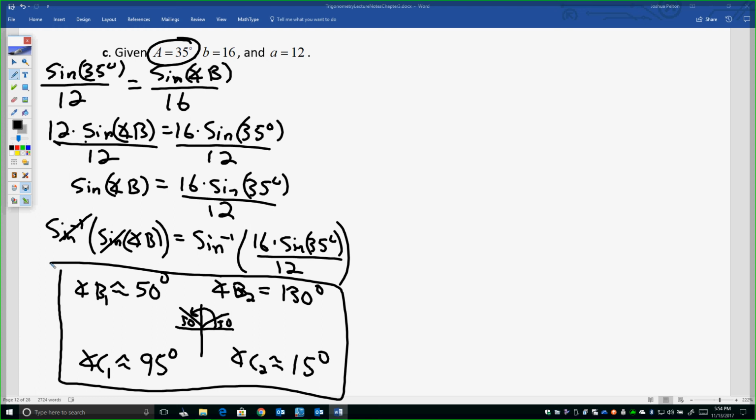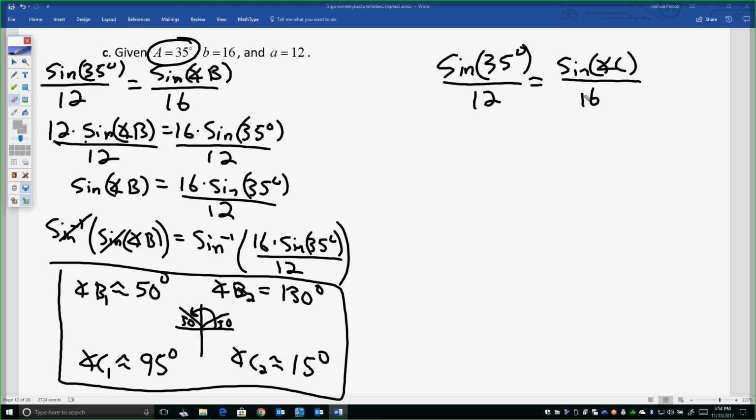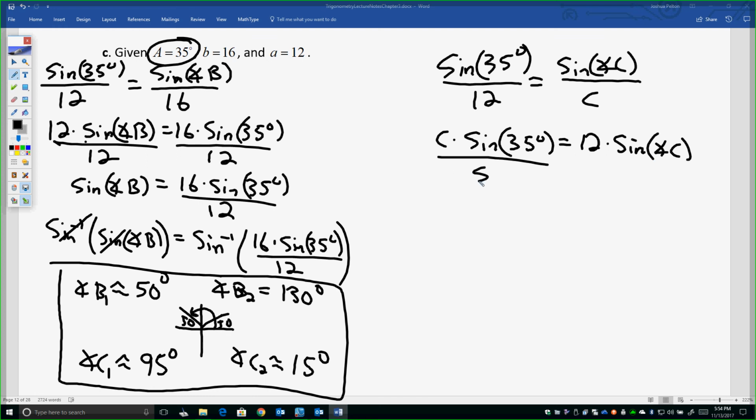So again, we'll do the ratio of sine of 35 degrees over 12 equals the sine of angle C over C, because we're looking for C. So we'll cross multiply: C times sine of 35 equals 12 times sine of angle C. And we'll divide by the sine of 35.